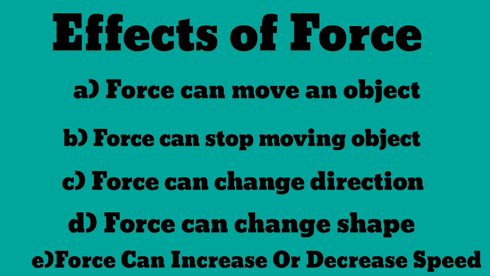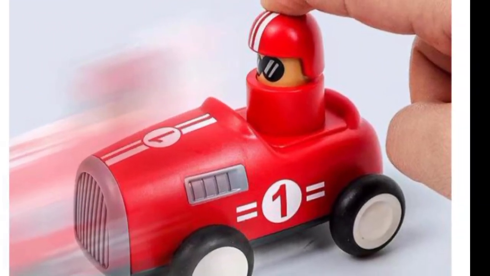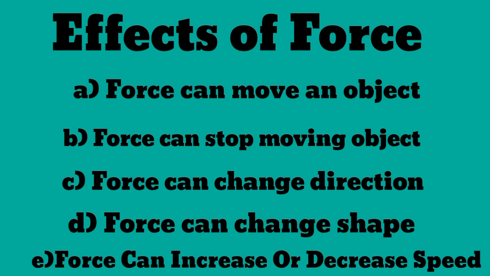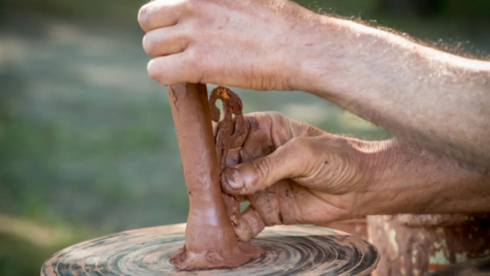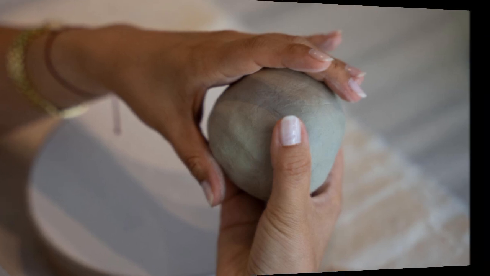Force can change the direction of a moving object. For example, if we apply force on the ball with a bat, the direction of the ball will be changed. The toy car can also change its direction by applying force. Force can change the shape of an object. For example, here you can see how the shape of the mud is changed by applying force.